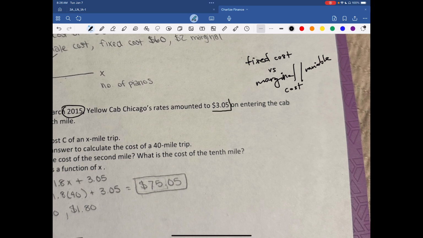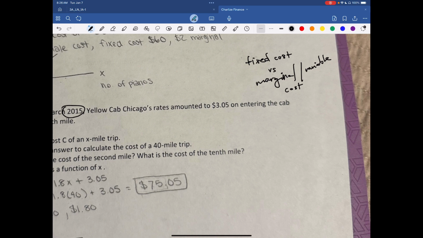It's like when you enter a cab, they charge you immediately just a flat fee of $3.05. And it should make sense because if you ever take an Uber, it wouldn't be reasonable to take an Uber for a 2-minute ride because they have that fixed cost that Uber charges you, and then the additional costs as the time of your trip increases.